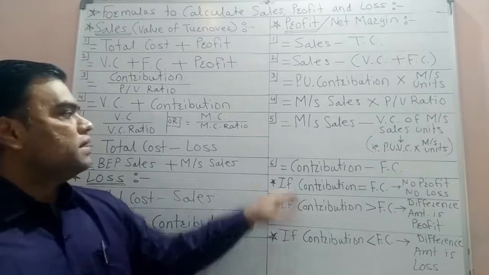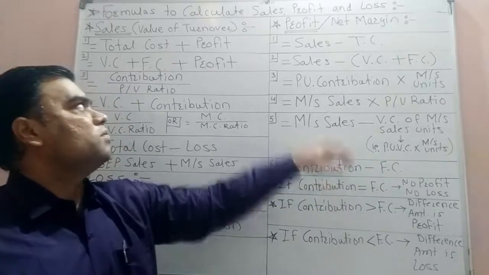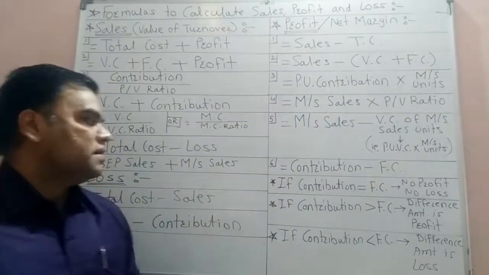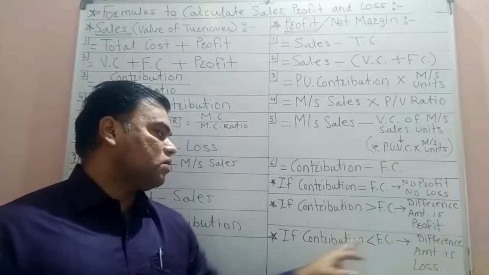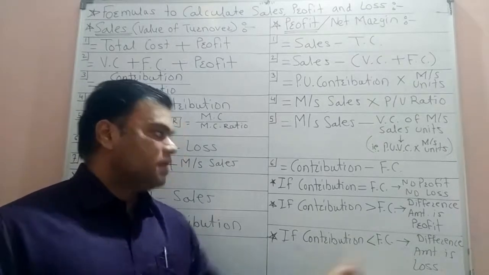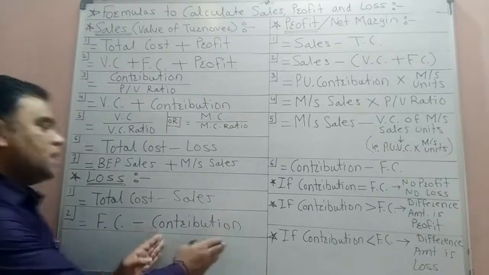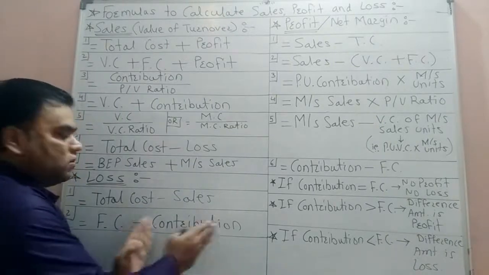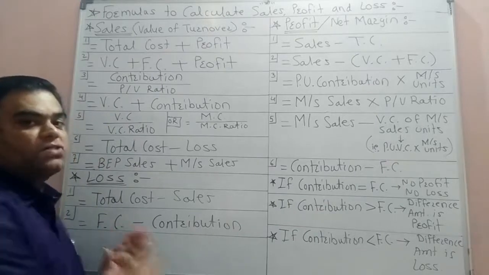You can see contribution is higher than fixed cost, so the remaining amount will be called profit. Now if contribution is smaller than fixed cost, or fixed cost is greater than contribution, then the difference amount is loss. You can see here your contribution amount is less than fixed cost. Your contribution is not enough to recover fixed cost. That's why unrecovered fixed cost is a loss.